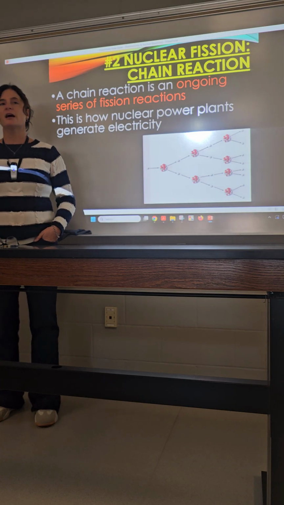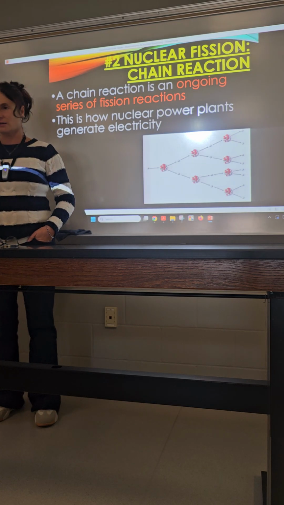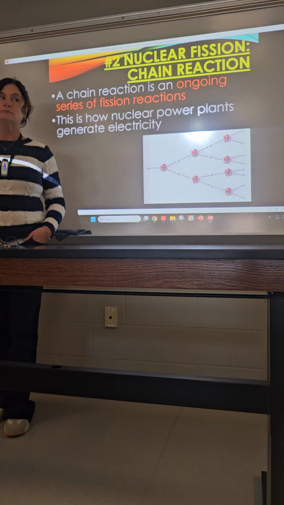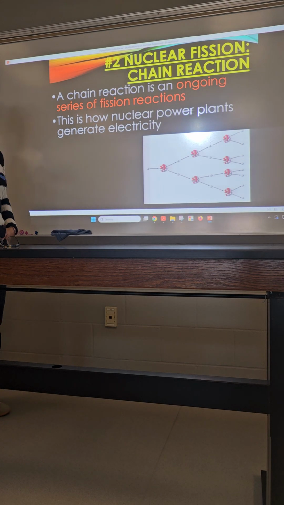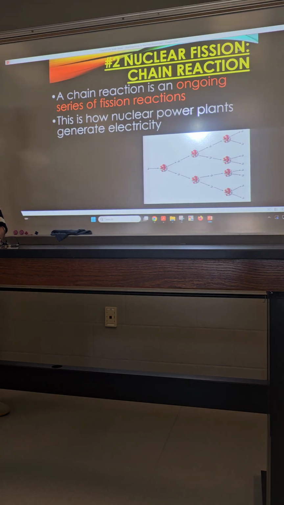But until we have a safe way of handling the nuclear waste, it's still debatable. Should we be doing this? What are we going to do with the waste? It hits that gray area of should we or shouldn't we. Just because we can do something, should we?